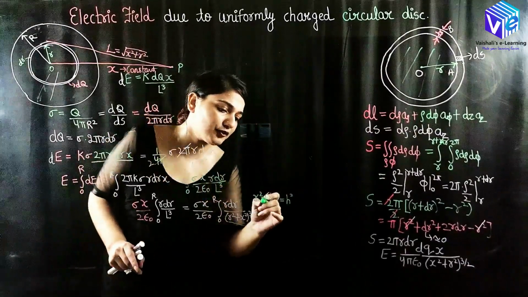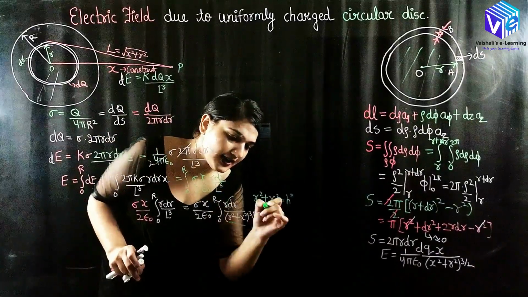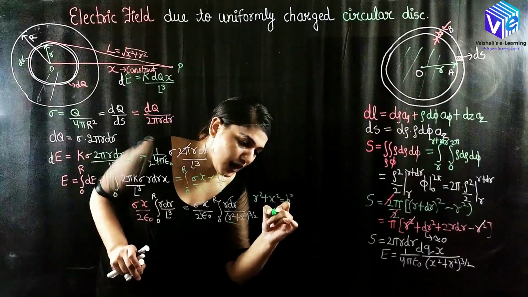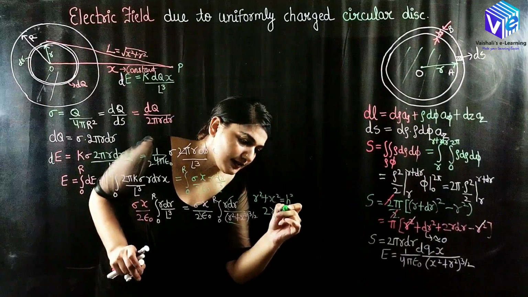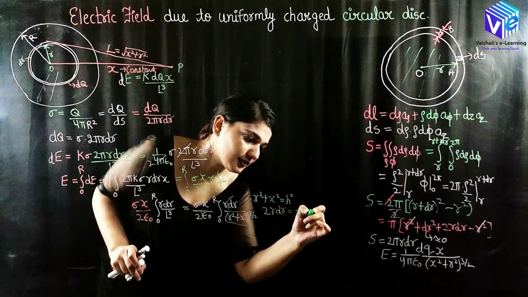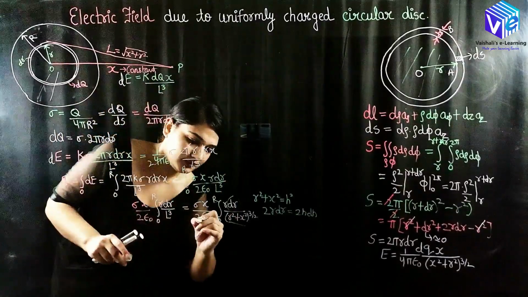Now if you have to find dr, here I am using r dr, so I can use differentiation. So 2r dr will be equal to 2h dh. Now you can replace it here.